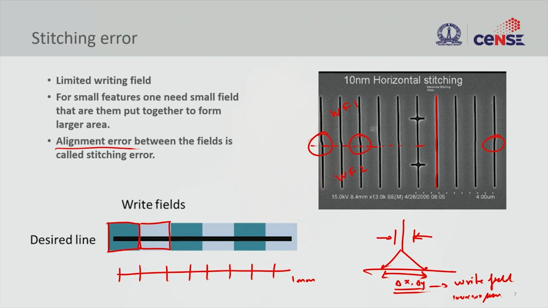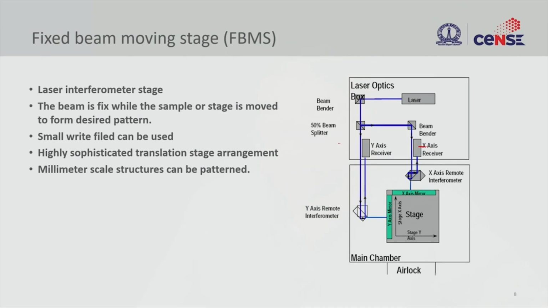If you want a continuous line, unfortunately if you have write field misalignment, you will have this stitching error, okay. In the worst case you will have complete discontinuity. At least here you can see some continuity, right. But if the lines are completely discontinuous, then the structure is useless if you are doing electrical circuits. So we need to take care of the stitching error.